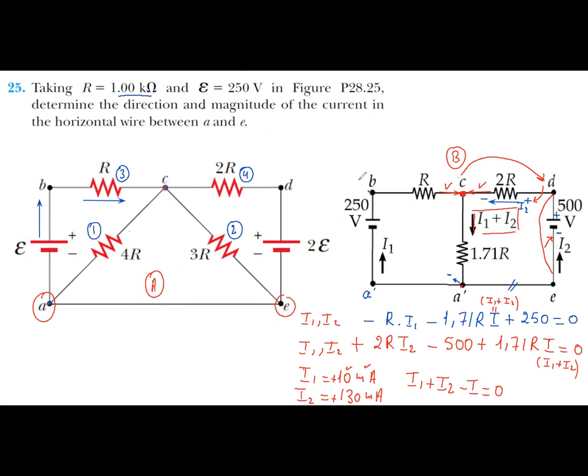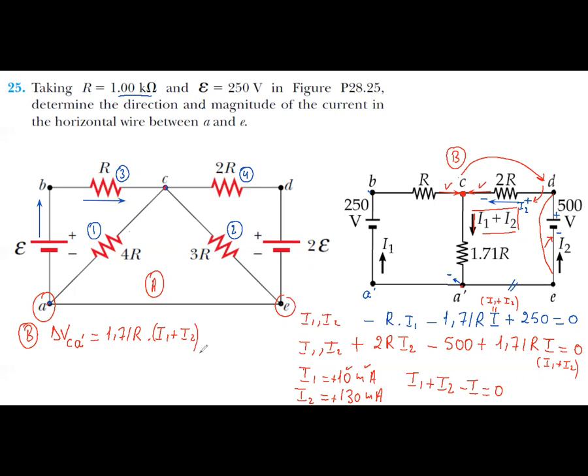So from figure B, we find delta V between C and A prime, which is equal to R times I, which is equal to I1 plus I2.